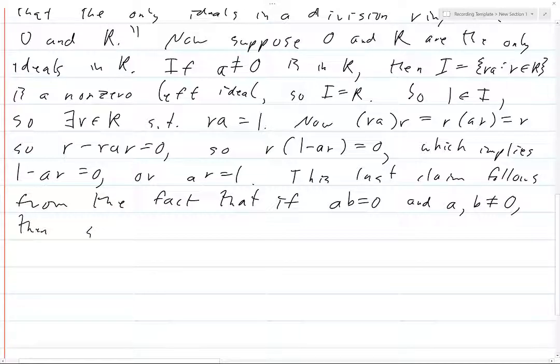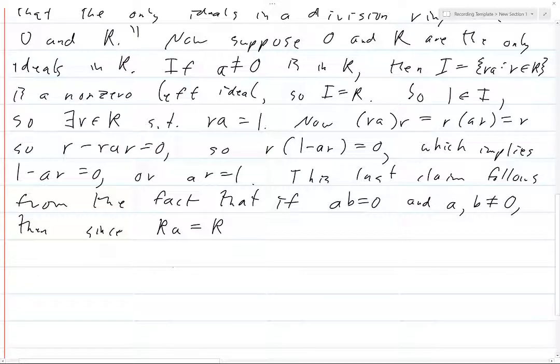then since ra is equal to R, and why is this? We know that the ideal generated by a, r times a, is an ideal, and it contains a, so it's not 0.